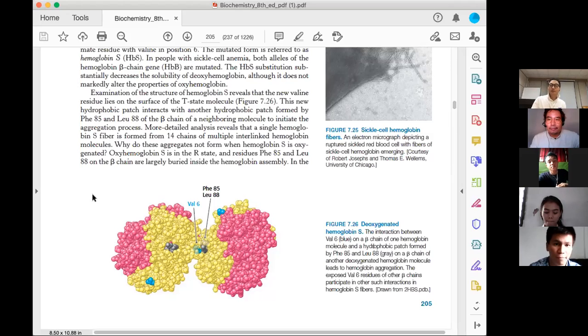Just to give you the final remark about the lecture: you have already learned the properties of hemoglobin, and you also learned the way to measure it. Then I would like to ask you some questions. If you can measure the hemoglobin concentration in your brain, you know hemoglobin has two parts: oxyhemoglobin and deoxyhemoglobin, right?